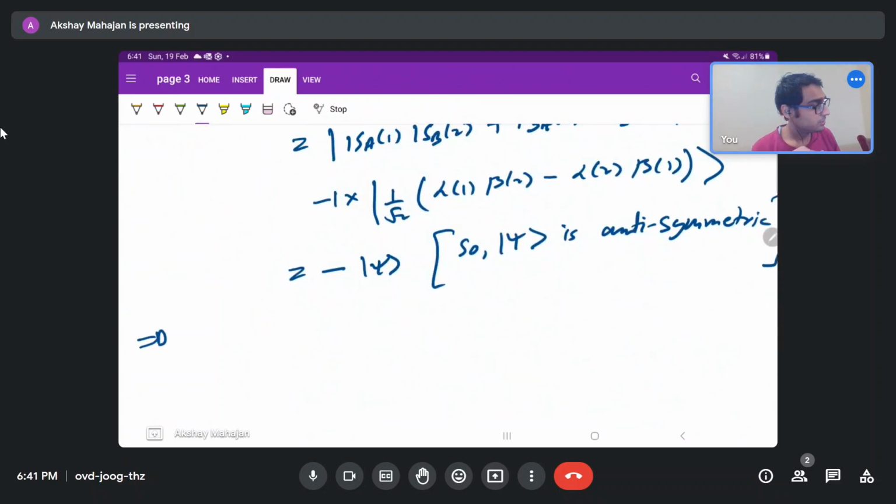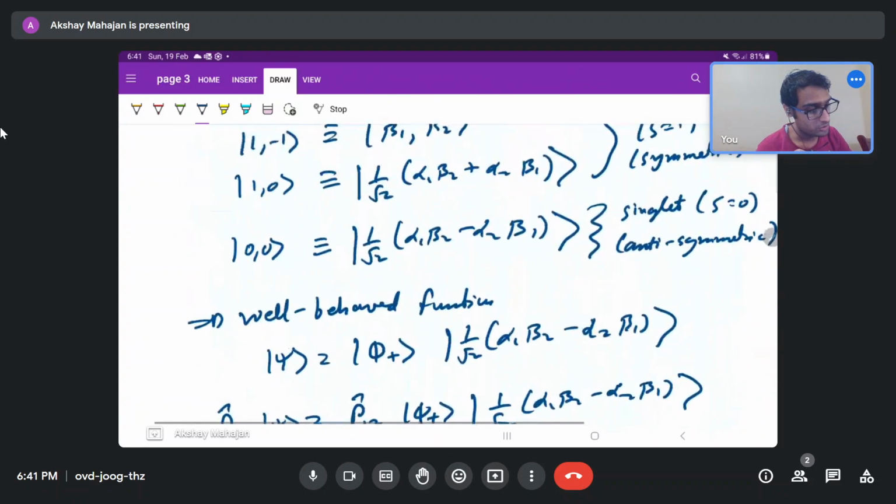Now let us also do some questions, something similar to those in the assignment. For example, if we have to solve S squared acting on beta 1 beta 2, we have to solve this kind of problem.